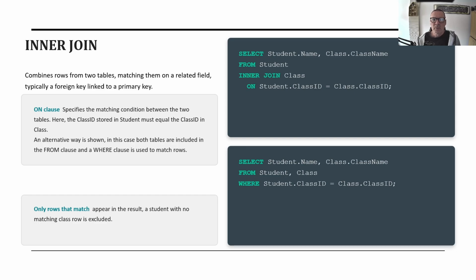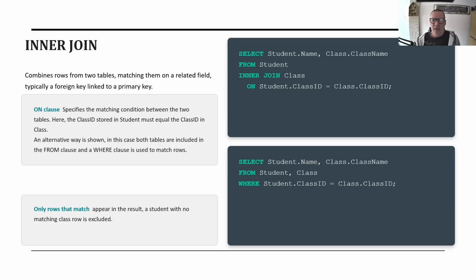So there we're saying on student.classID equals class.classID. So wherever we have a row on the student table that has the same class ID as a row on the class table, we'll join them together and effectively make a combined row with all the information from the student table and all the information from the class table.